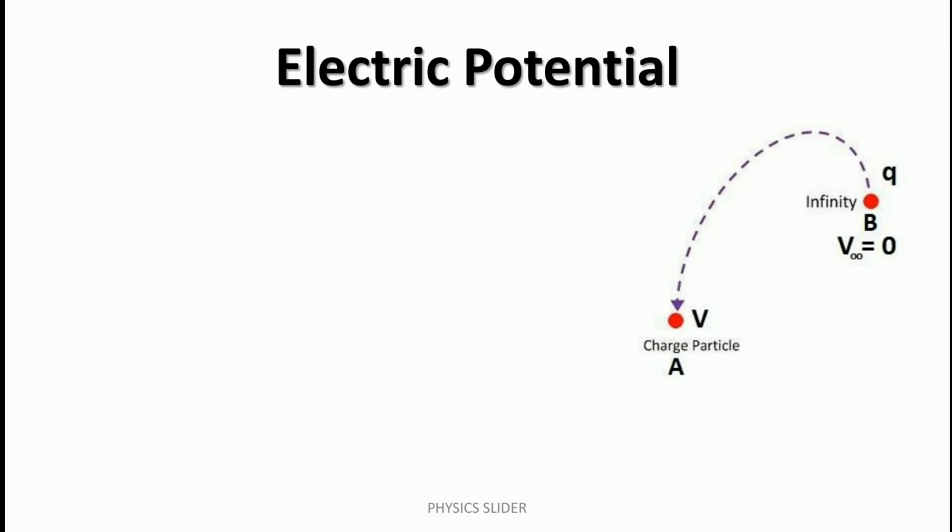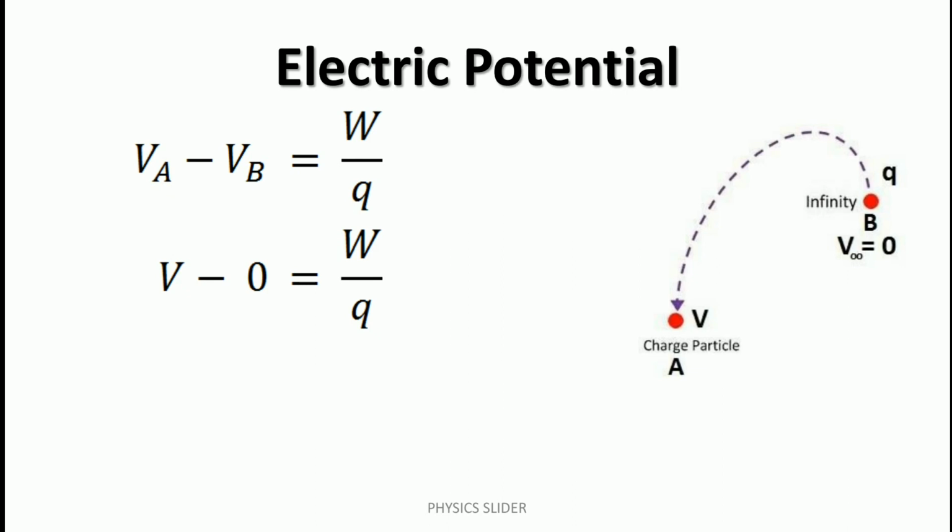Now watch here. We have already discussed the electric potential difference, which is VA minus VB is equal to W upon Q. Here the potential at A is V, so put the value of VA as V. The potential at B is 0, so we will put the value of VB as 0. VA as V, VB as 0, and W upon Q as it is.